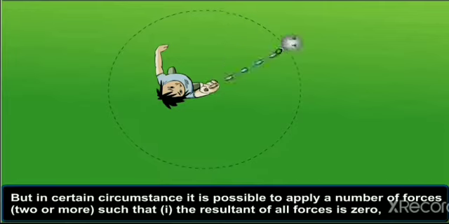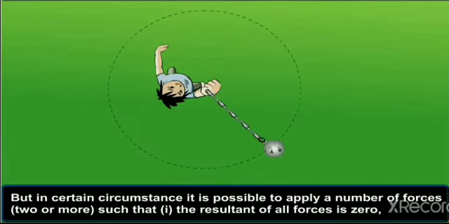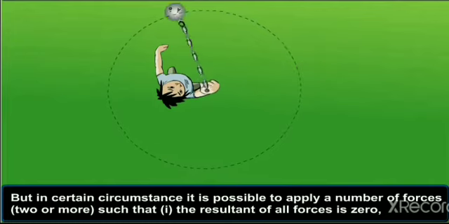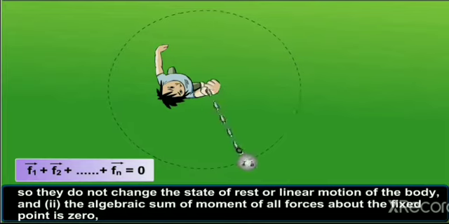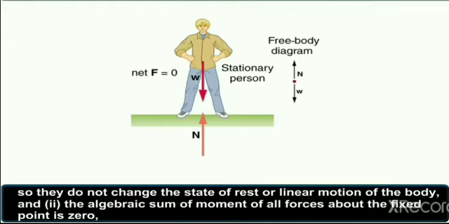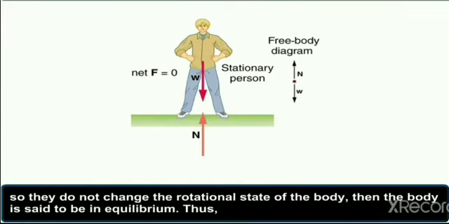But in certain circumstances, it is possible to apply a number of forces, two or more, such that first, the resultant of all forces is zero, so they do not change the state of rest or linear motion of the body, and second, the algebraic sum of moments of all forces about the fixed point is zero, so they do not change the rotational state of the body, then the body is said to be in equilibrium.